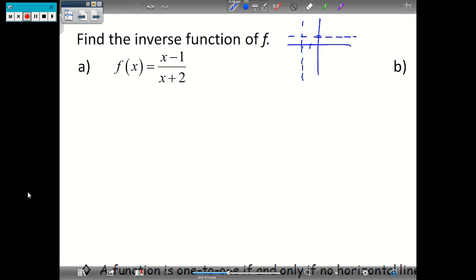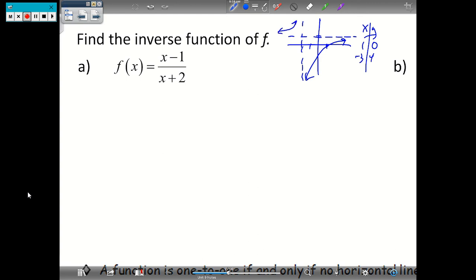And to get just a couple of points, when y is 0, x is 1. And this one doesn't break through the horizontal. And just to look at the other section, let's pick x equals -3 and I get 4. So we know it's up there.